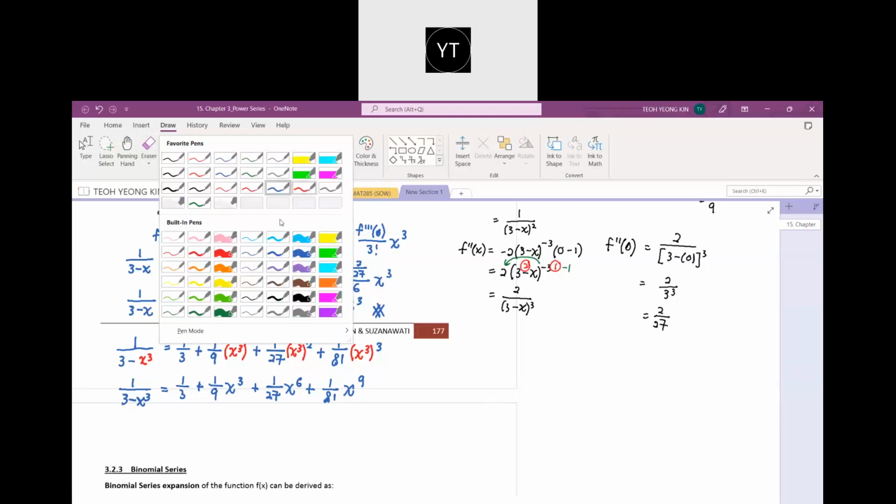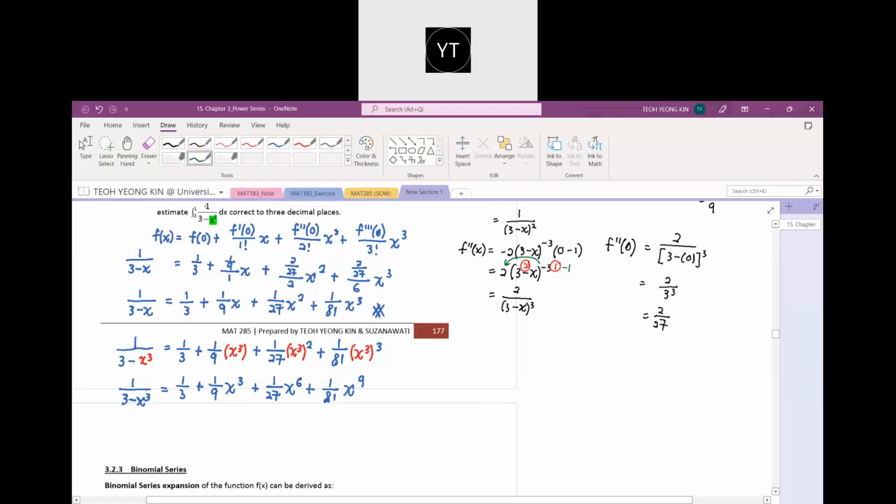Integration from 0 to 1 of 1/3 minus x cubed with respect to x equals the integration from 0 to 1 of 1/3 plus 1/9 x cubed plus 1/27 x power of 6 plus 1/81 x power of 9 with respect to x.